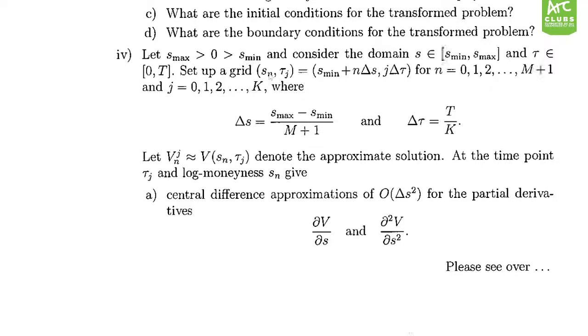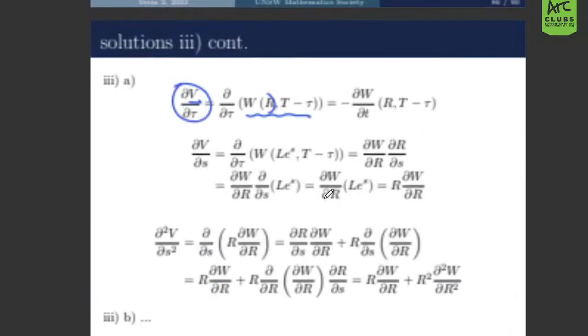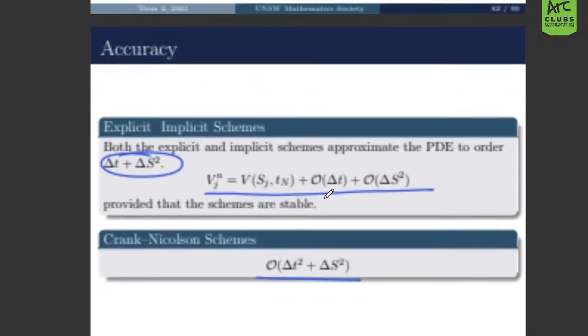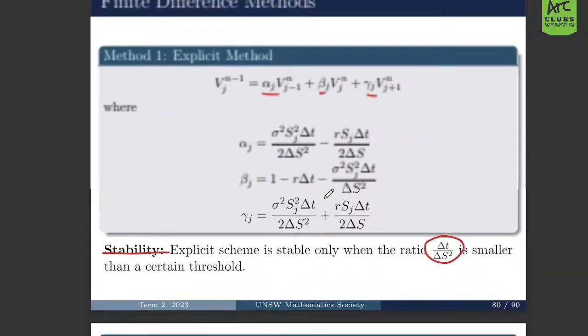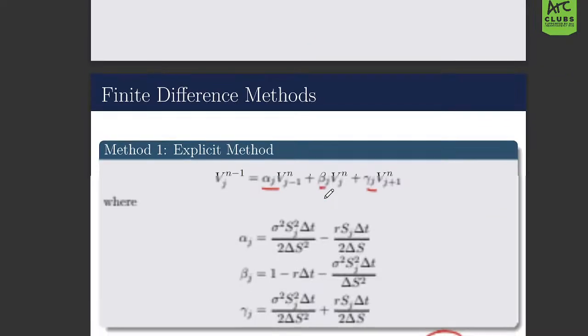This is the definition. We use this grid over here to do our approximation, where S-min and S-max are the lower and the upper bound. Oh, and I forgot to mention one thing. Inside this scheme, we actually have a kind of condition.